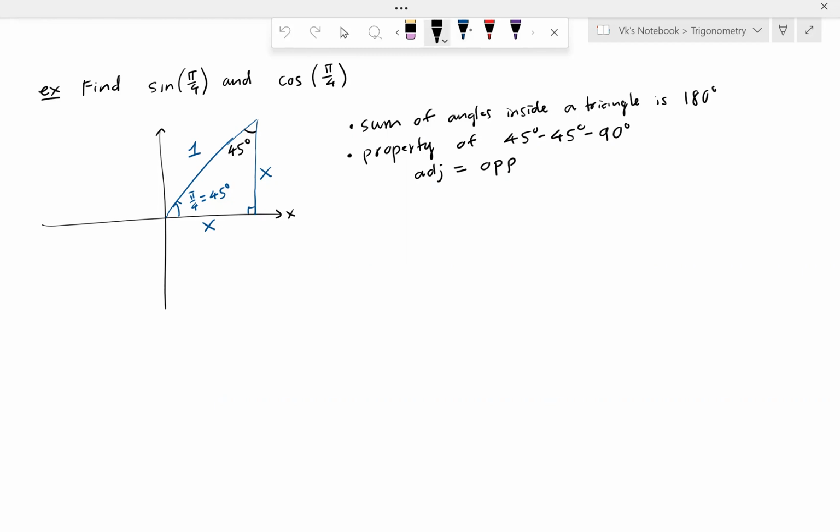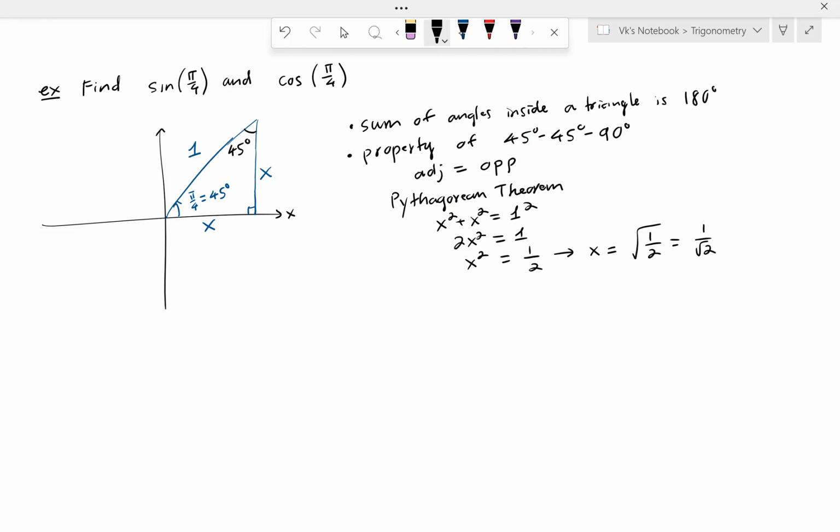Well, this is the right triangle, so we're going to use the Pythagorean theorem. x squared plus x squared equals 1 squared. 2x squared equals 1. x squared is 1 over 2. x is root 1 over 2, which is 1 over root 2 multiplied by root 2 over root 2. Rationalize it, and we have root 2 over 2.